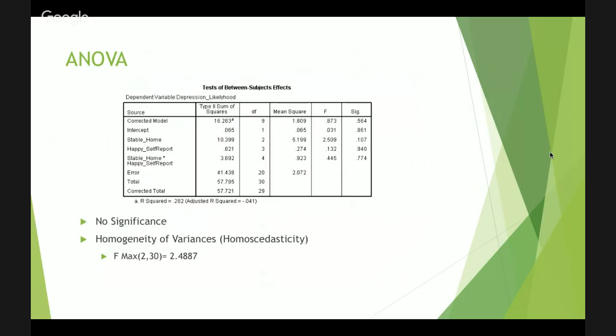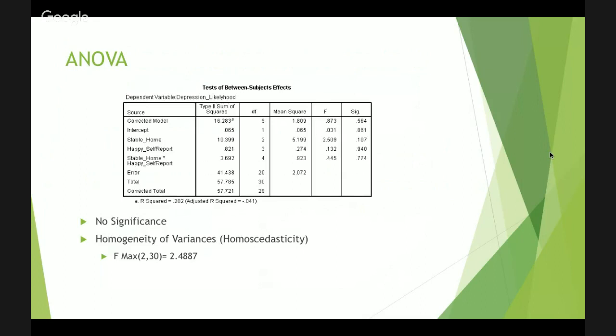And we check the F statistic. It's 2.509. And how I check that is we take the degrees of freedom of the home stability column, which is 2, and divide by the total degrees of freedom, the df of total, which is 30. And we go to an off-screen F table, and we get the F max of 2.487.